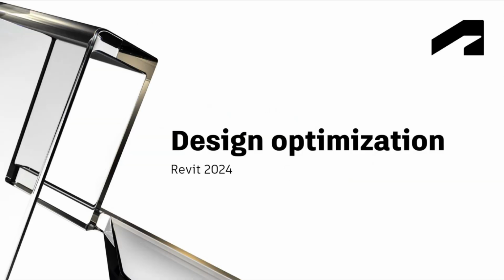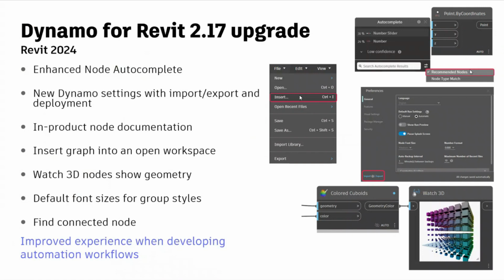Design optimization in 2024. So for any generative design users or Dynamo users, we have Dynamo 2.17. This includes some new features. So we've got node recommendations, which are powered by machine learning. There's settings to import and export, and there's a graph import to workspace.